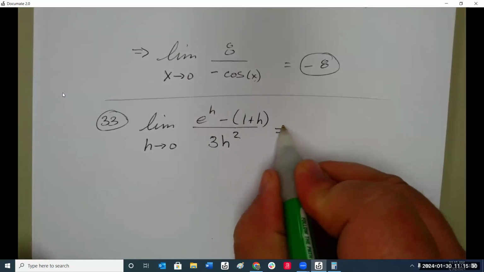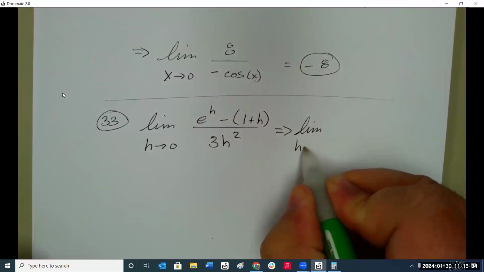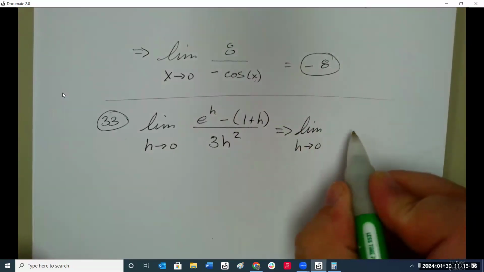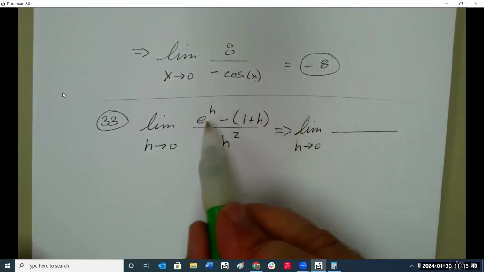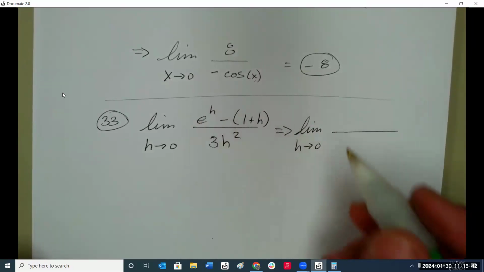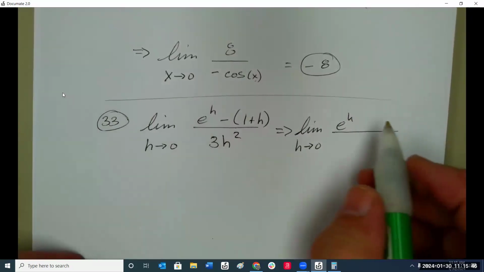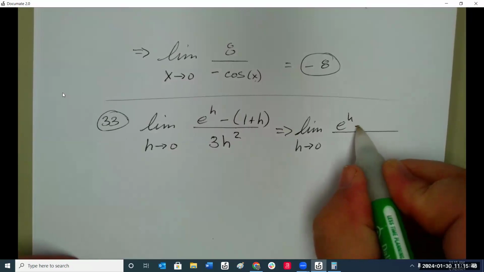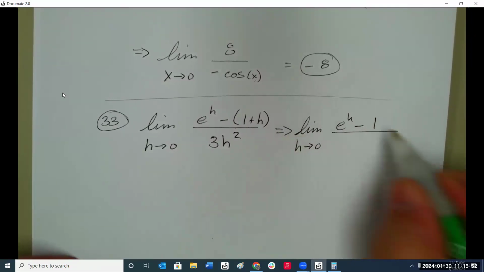So that one is 0/0. The derivative of e to the h is e to the h. The derivative of h is 1, so it doesn't matter. Minus the derivative of 1 plus h, which is 1.